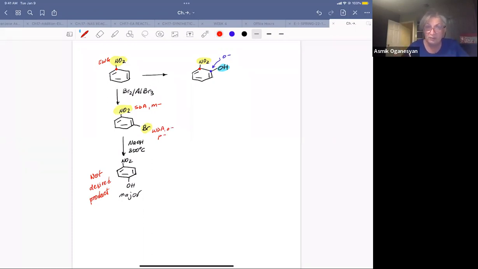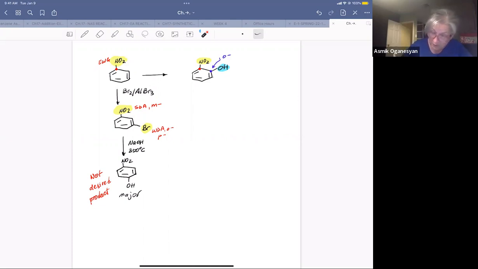So I'm going to take advantage of it. If it's an ortho para director, and if I want to protect this position, okay, what can I do? We already know that a great protecting group will be to put a sulfonyl group on. With my bromine being much smaller than NO2, my sulfonyl group is not going to go onto this position, way too crowded, is not going to go onto this position, because I have an NO2 here, so it will be forced to go right here and protect that place, okay?